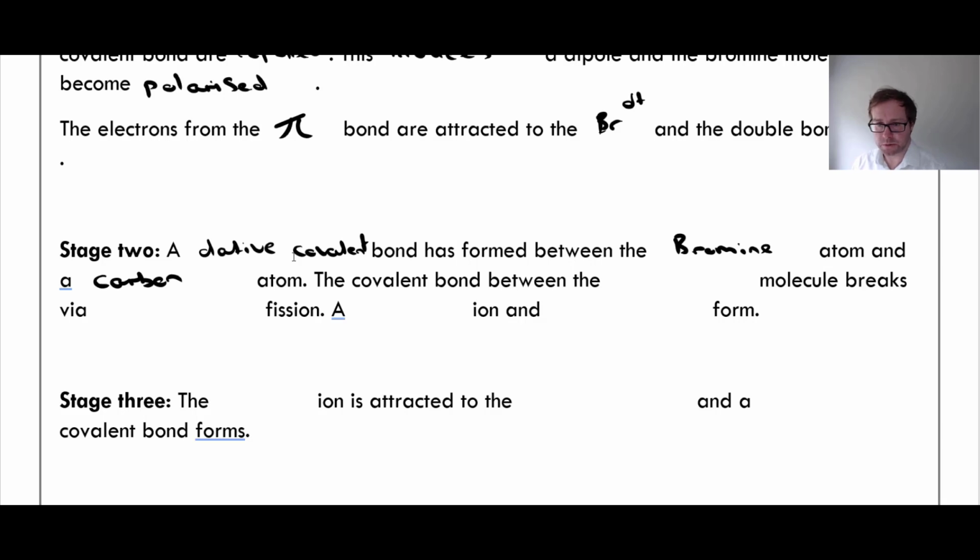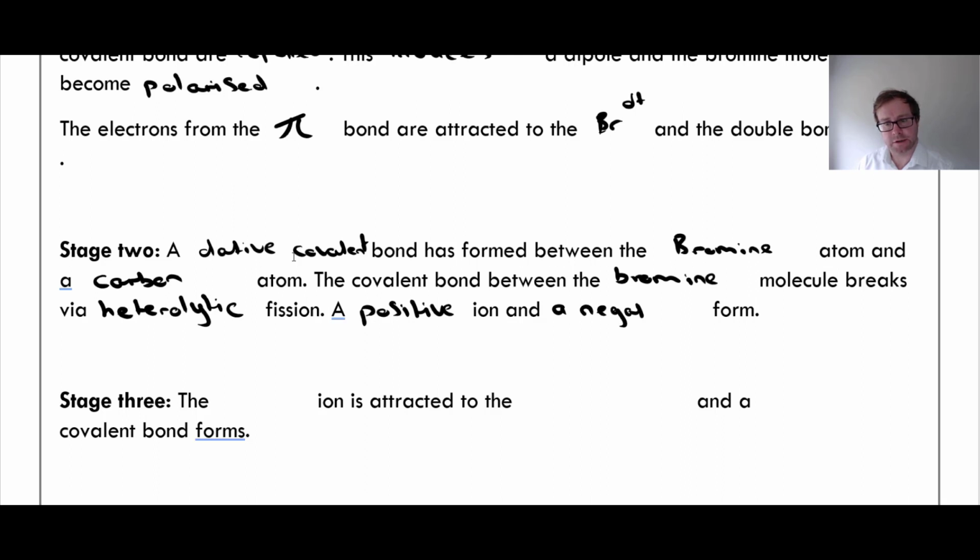The covalent bond between the bromine molecule breaks via heterolytic fission. A positive ion and a negative ion form. Right, so we'll just go through this in a bit more detail.